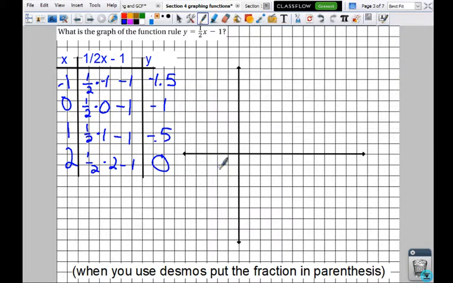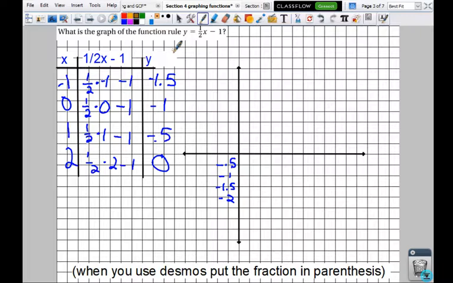So I'm going to have -0.5, -1, -1.5. I probably should have gone by 0.25s, but oh well. And -2. My graph's still going to be pretty small, but it at least won't be as bad as going by 1s. We got our table, we got our axes set up.